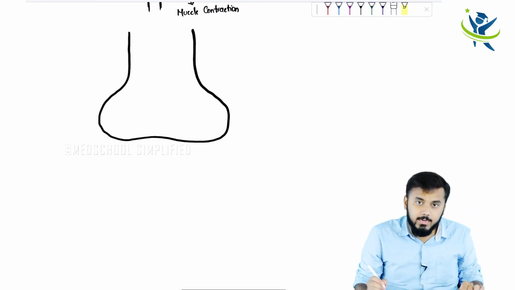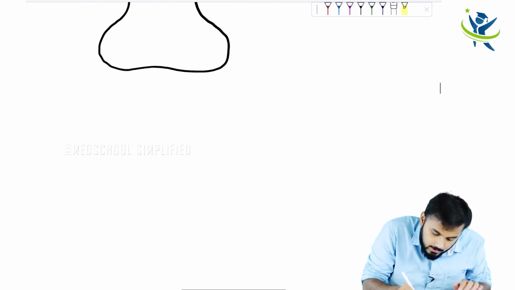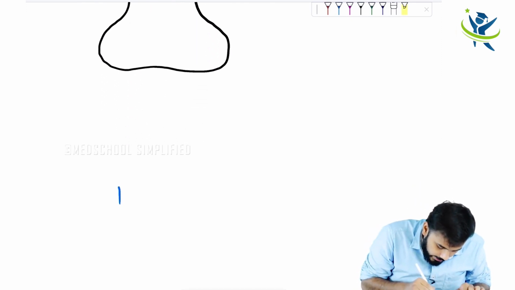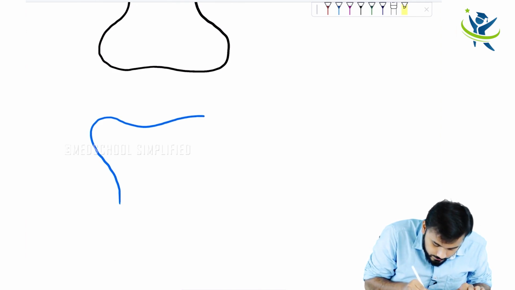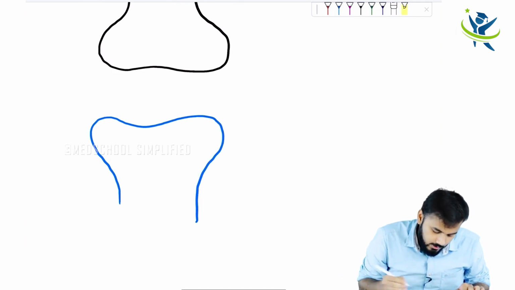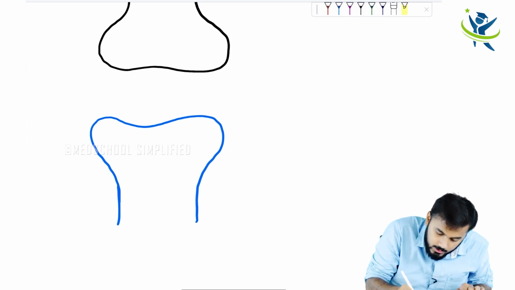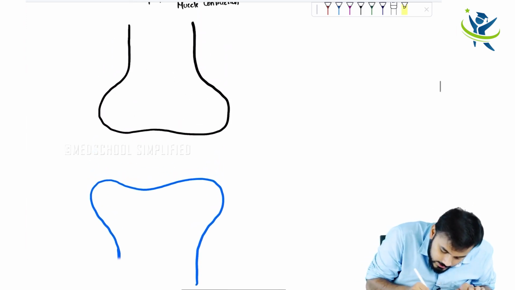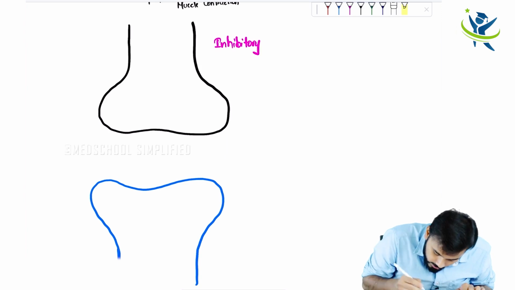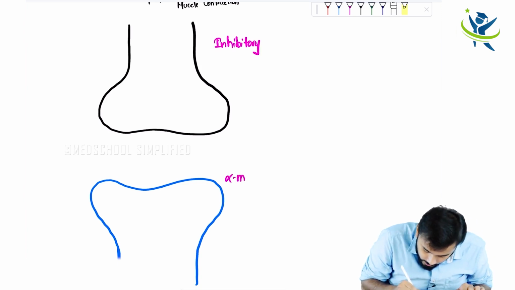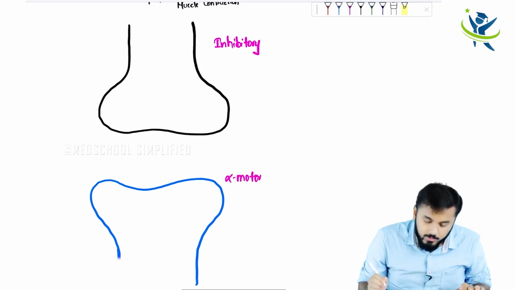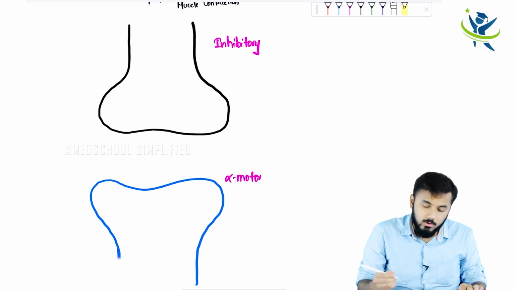So this was your presynaptic neuron, and let me draw in blue this alpha motor neuron. Let me write it down. This is your inhibitory neuron, and this is my alpha motor neuron, which is responsible for muscle contraction.